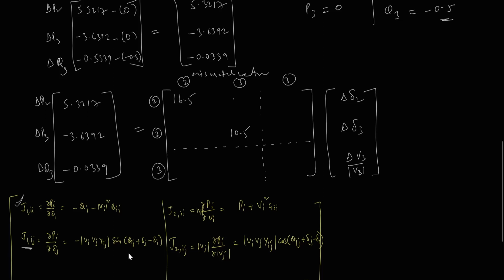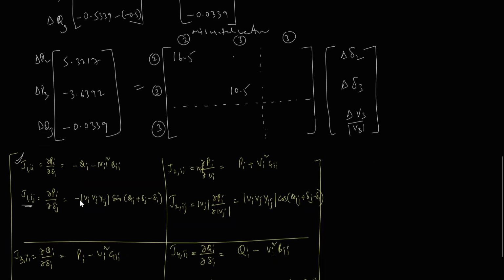So what is this equation? Minus Vi Vj Yij sine, so minus sine. For the first element, this is 2 and 3, i is 2 and j is 3, and for the second, i equals 3 and j equals 2. So let me solve for 2 3.